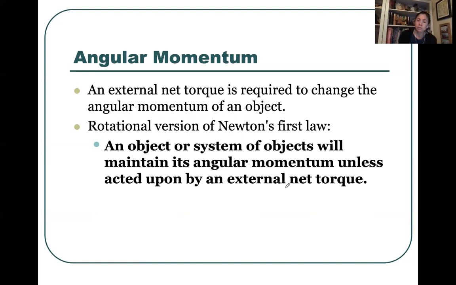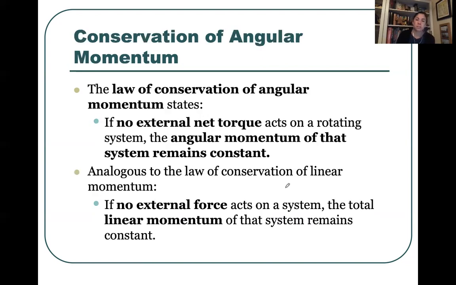So this would be the same condition that we're going to use in order to use conservation of angular momentum. If there's no external net torque acting on my rotating object, then the angular momentum of that system is going to remain constant.